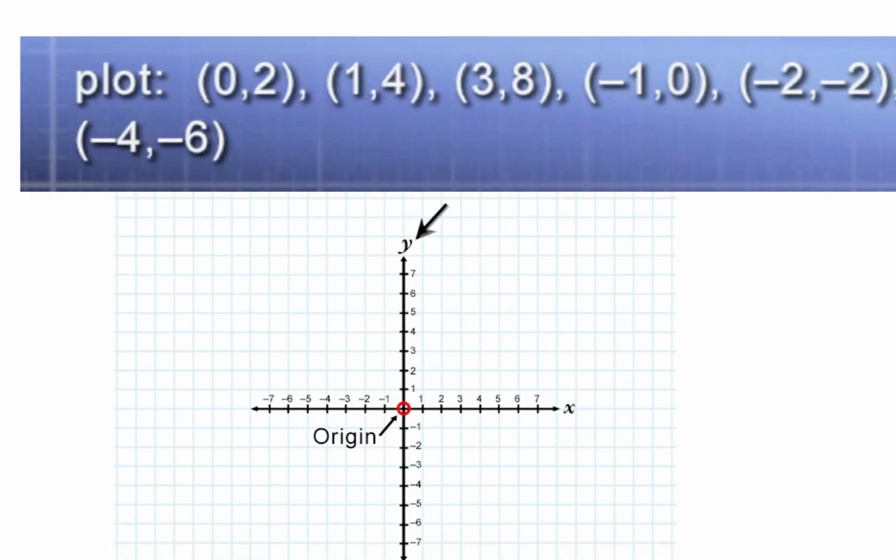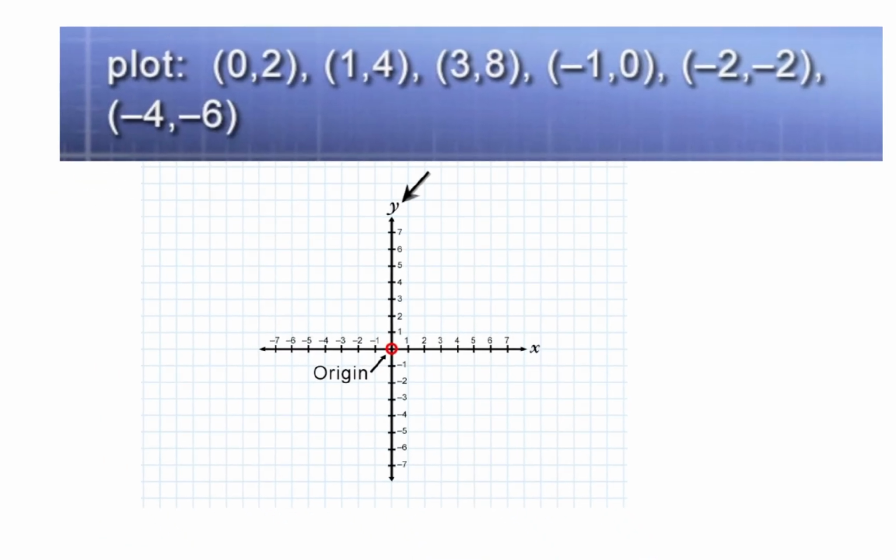And now let's represent the points quickly. 0, 2: the x is 0 and the y is 2, so 0, 2 is here. 1, 4, the second point, is 1 unit in the x and 4 units up. It will be here. And what will be the last point?